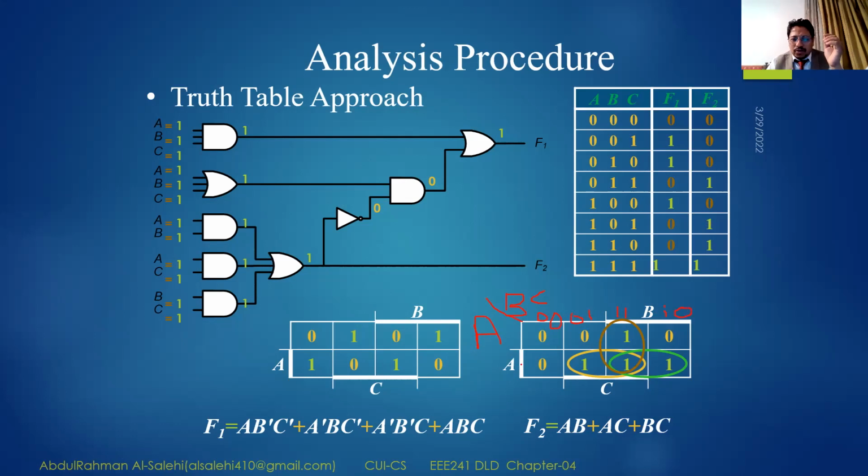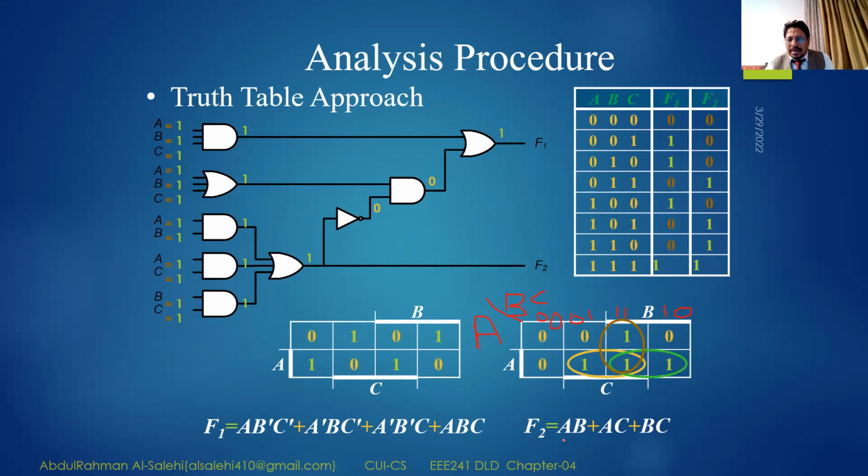Come here to this one. A has changed from 0 to 1. So when we take this group, we can say that A here is fixed and B is again fixed, right? So it is AB, the first part, it has been constructed.